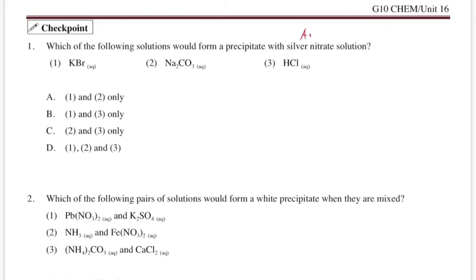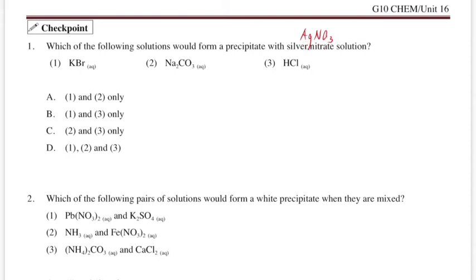Okay, silver nitrate. The first one we have is potassium bromide. When it reacts with silver nitrate, the possible products would be silver bromide plus potassium nitrate. All nitrate salts and group 1 salts are soluble, so potassium nitrate would be soluble.